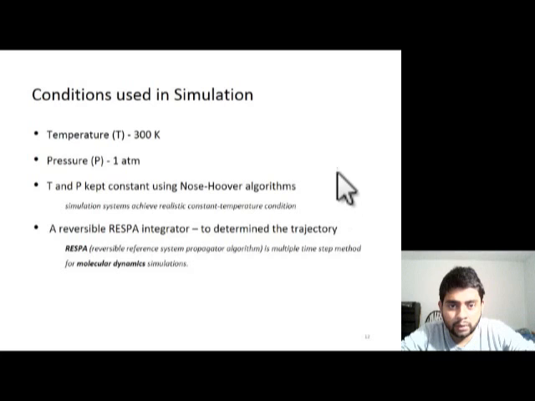This is the condition we used in the simulation. We use temperature 300 Kelvin and pressure at 1 atm. We keep temperature and pressure constant using the Nose-Hoover algorithm, and also we use the RESPA integrator to determine the trajectory.